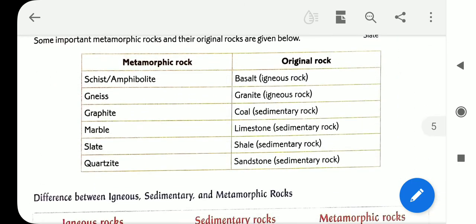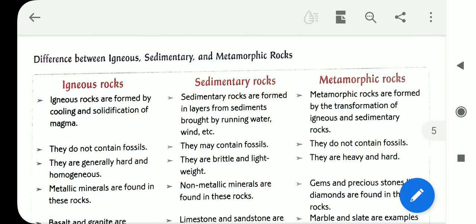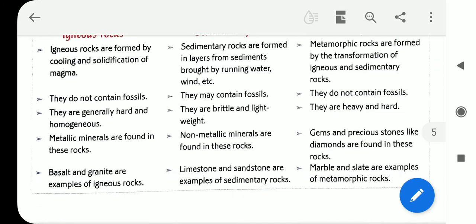These are the differences between igneous, sedimentary and metamorphic rocks.